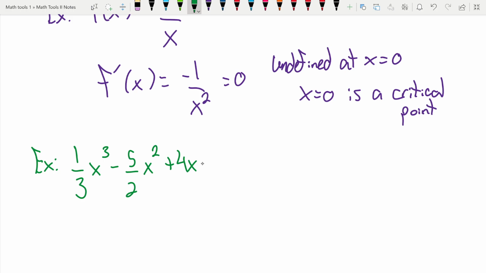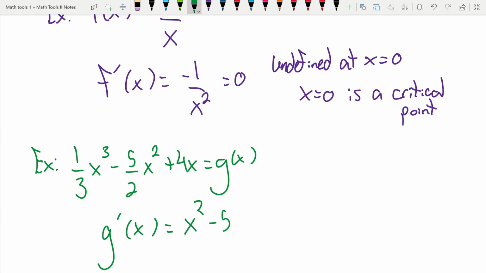Okay, so let's say we have g of x equals 1/3 x cubed minus 5/2 x squared plus 4x. So the derivative here is going to be just x squared, because you pull that 3 down and that cancels, minus 5x plus 4. We want to set this equal to 0.